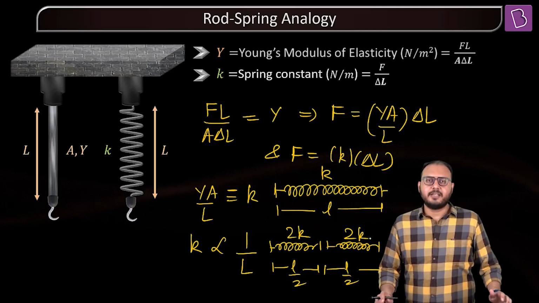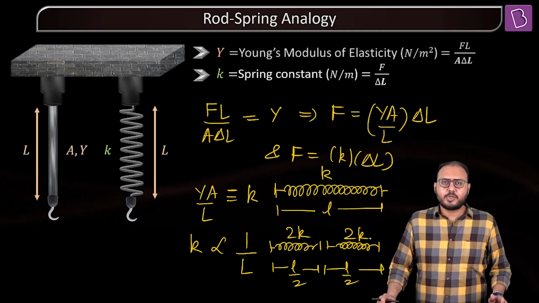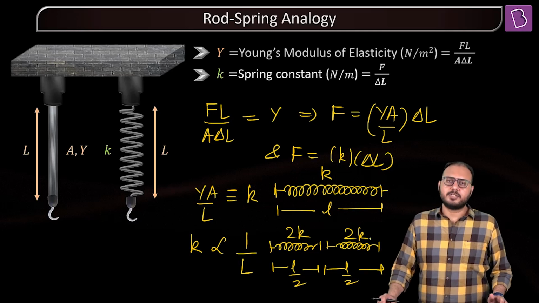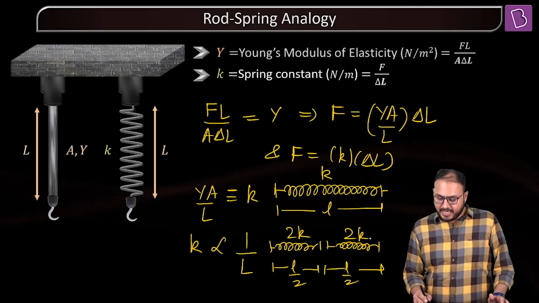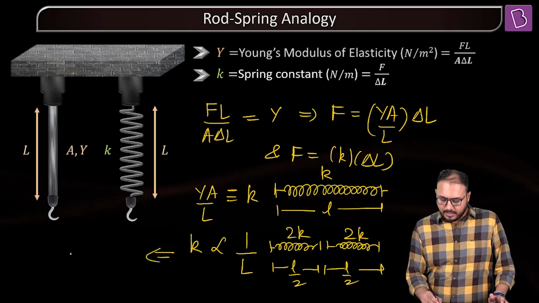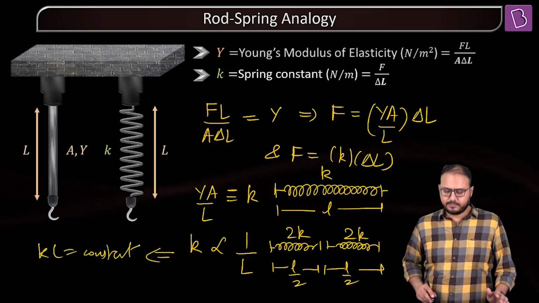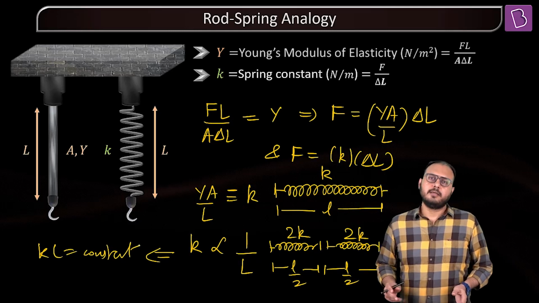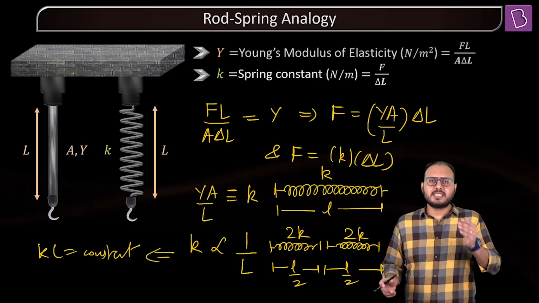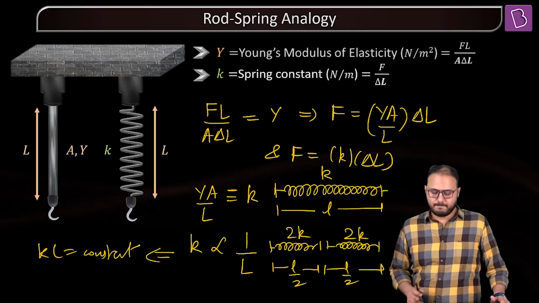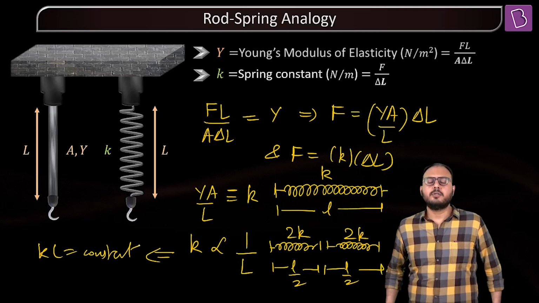So if one spring is cut into two equal parts, each small part's K is double the original. Why? Because K is proportional to 1 by L. That implies KL is equal to constant. So if one gets halved, the other gets doubled.